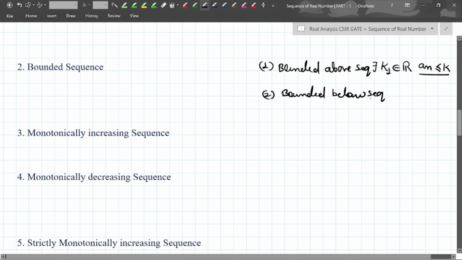And if it is bounded below, it means there exists a k2 in the real numbers such that each and every element of the sequence will be greater than or equal to that k2.